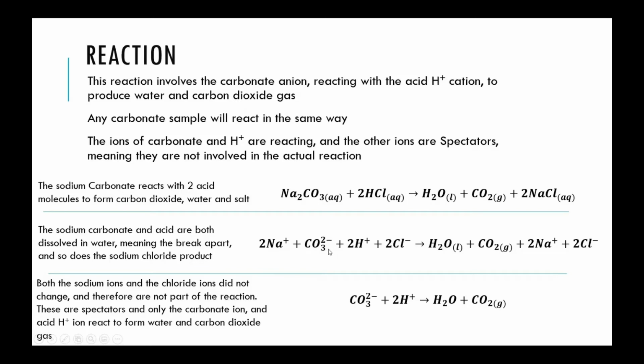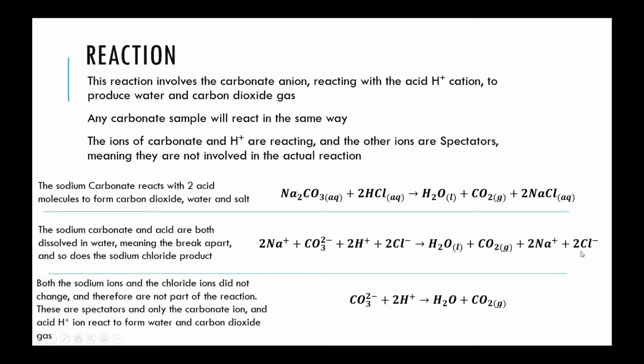Overall, looking at the ions themselves, you have 2 sodium ions, 1 carbonate ion, 2 H+ ions, and 2 chloride ions reacting to form 1 water molecule, 1 carbon dioxide molecule, 2 sodium ions, and 2 chloride ions.